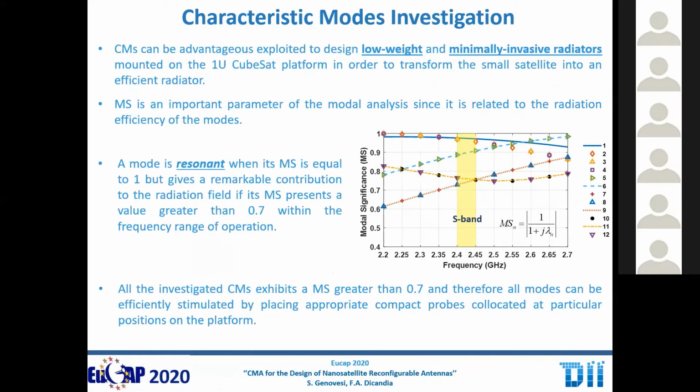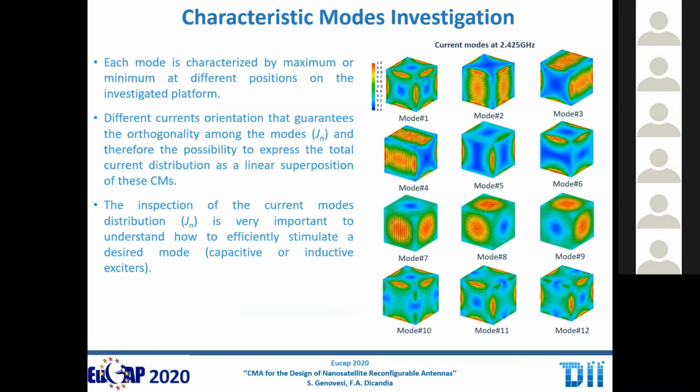So the idea is, again, considering the modes with modal significance higher than 0.7, as we always do. And then again, the aim is to find the proper place for the exciters and be minimally invasive. So first of all, we need to look at the current distribution that the platform can support.